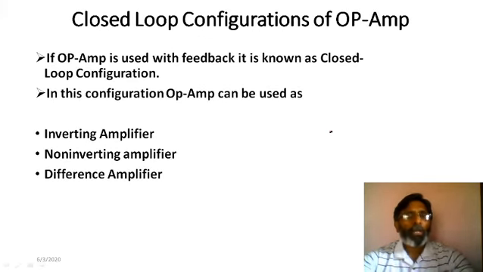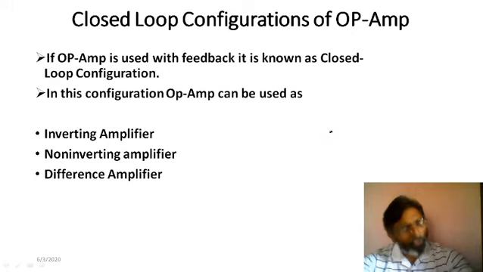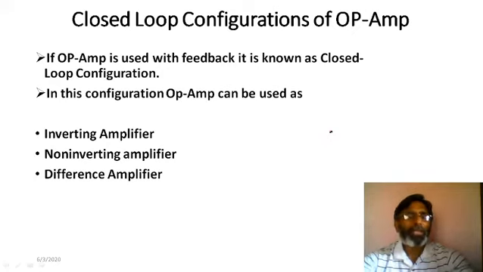Now in closed loop configuration also, similar to the open loop configuration, we have 3 different configurations depending on whether we are using only one input or both the inputs. If we are using both the inputs, we call that configuration a difference amplifier in closed loop configuration.